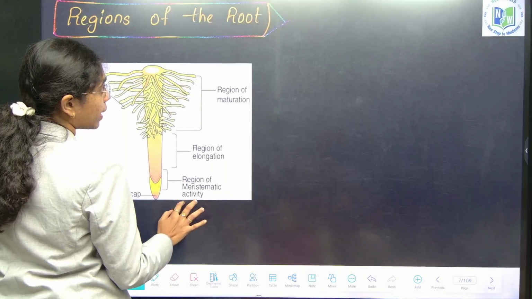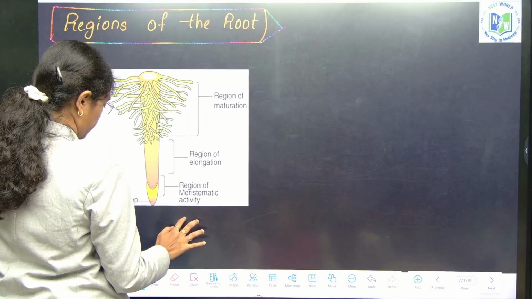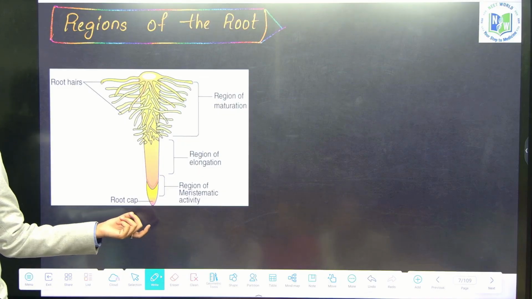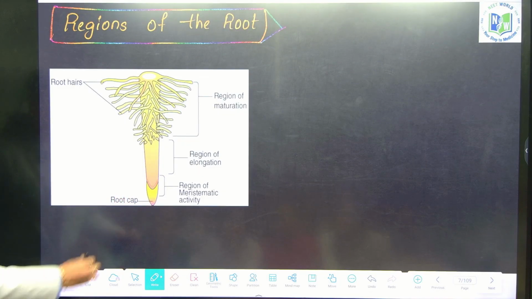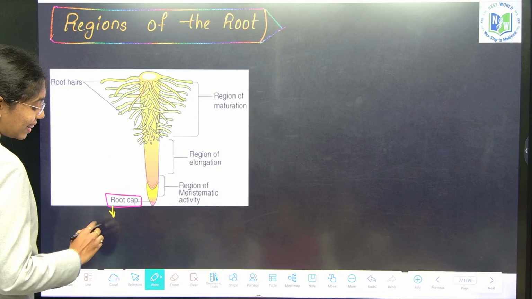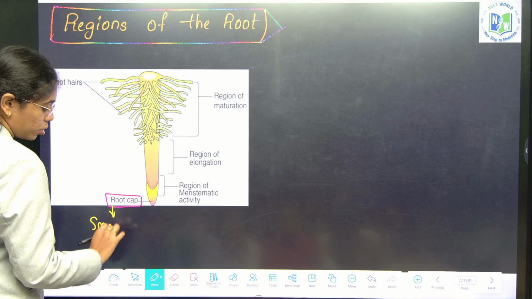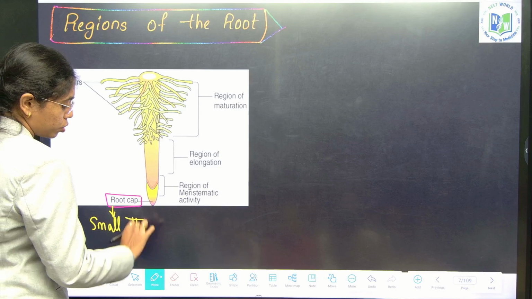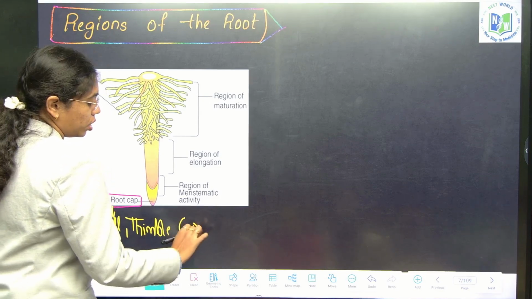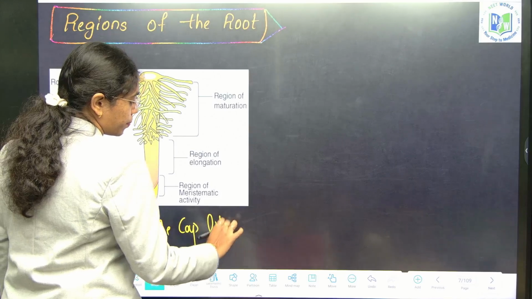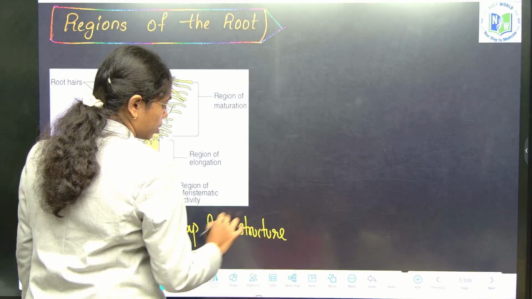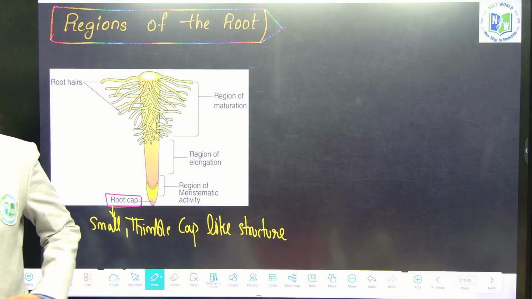Everybody, can you see the diagram? At the base or the tip of the root, you can see the root cap. This is a small thimble-like structure.